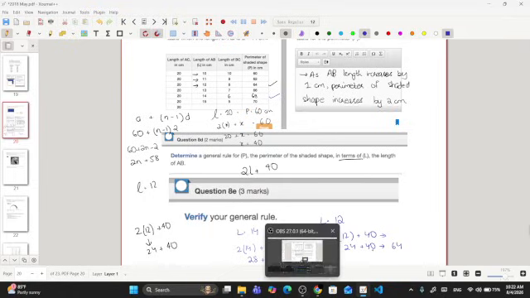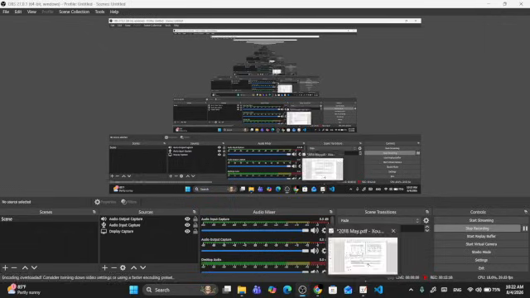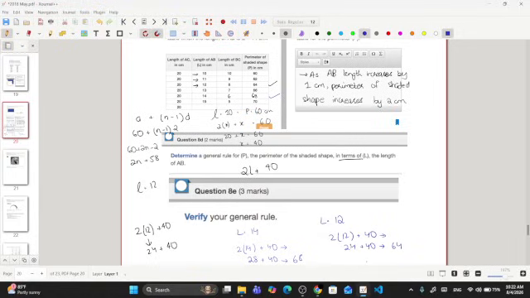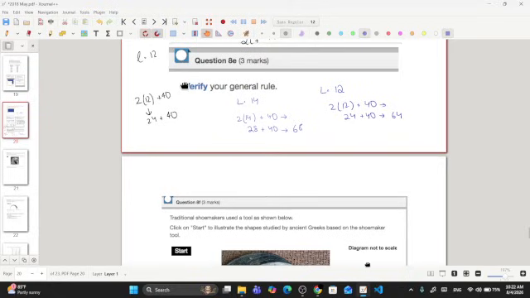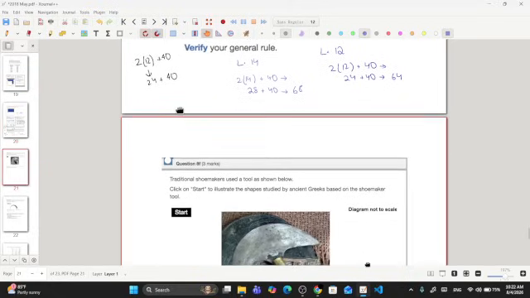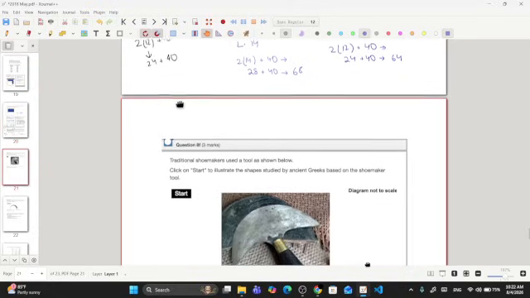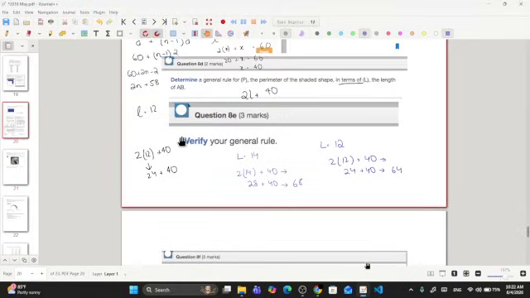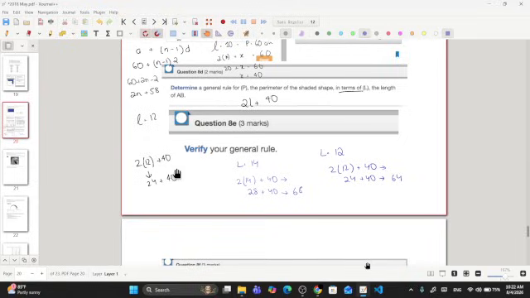I hope this was not too confusing. Have you written this down? Yeah. Alright.